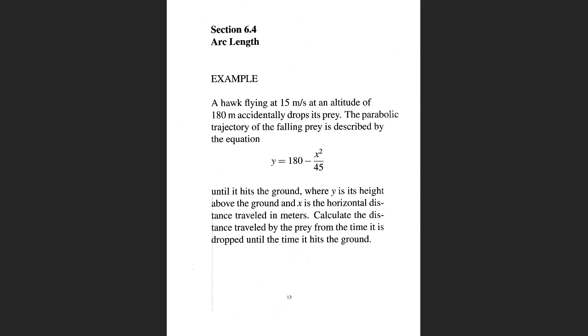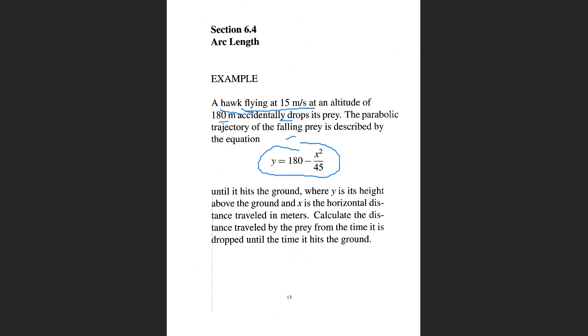Okay, so in this problem, we have a hawk. I'll have to use the mouse, it's better. A hawk flying at 15 meters per second at an altitude of 180 meters accidentally drops its prey. The parabolic trajectory of the falling prey is described by this equation.